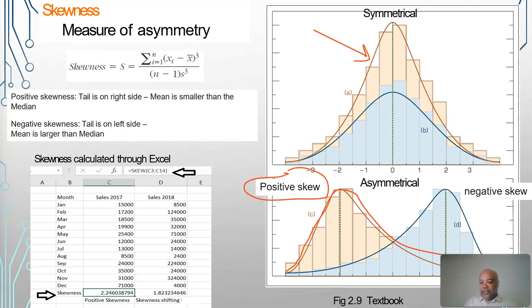Okay, so the tail extends to the right, indicating that the mean is greater than the median due to the presence of large values. Conversely, you can have a negative skew. Or you can have a left tail, which means that the mean is smaller than the median because there are many more smaller extreme values.